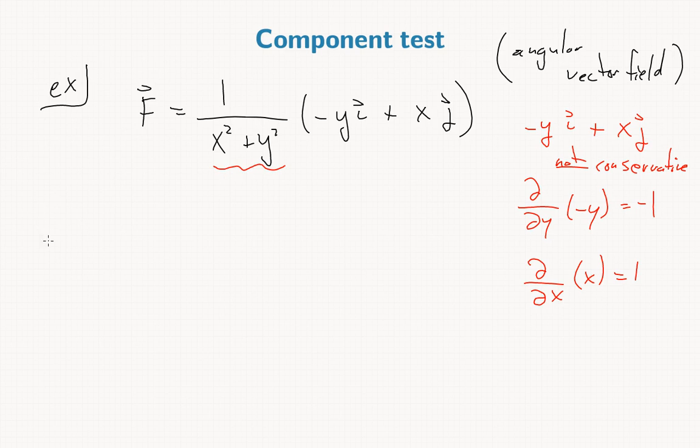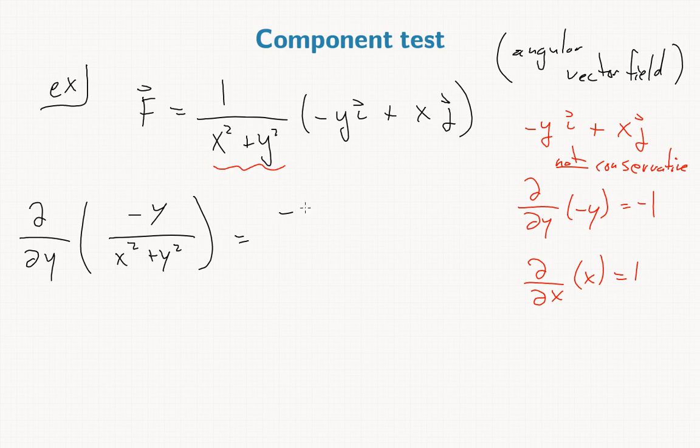Actually, this one's not conservative, but it'll satisfy this condition. Let's calculate. We don't need to calculate the full curl. If I calculate del by del y of negative y over x squared plus y squared, you have to use the quotient rule.